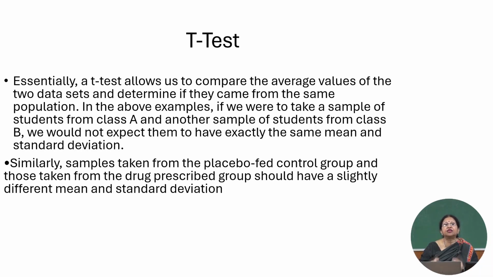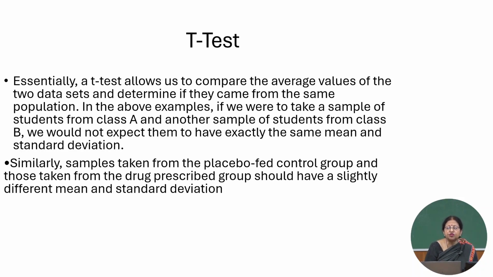This is what exactly it means, that if you have a sample, class A will have maybe 5 boys and 10 girls. Class B may have 3 girls and 20 boys. And there is a variance. It is not uniform. So a mean cannot be drawn. It is not 5 and 5. It is not 3 and 3. It is not 20 and 20 in both. So they are not the same. So when they are not the same, then t-tests have to be conducted.